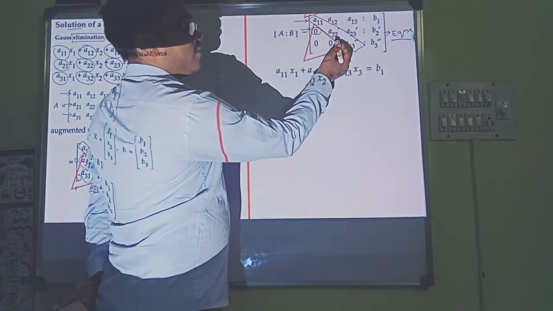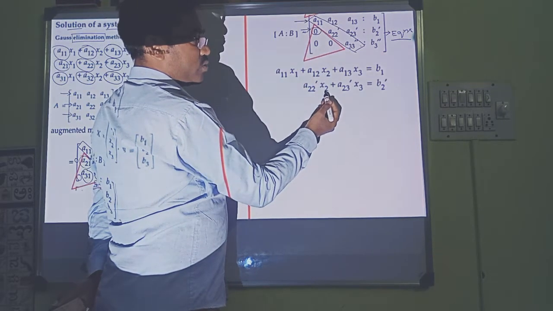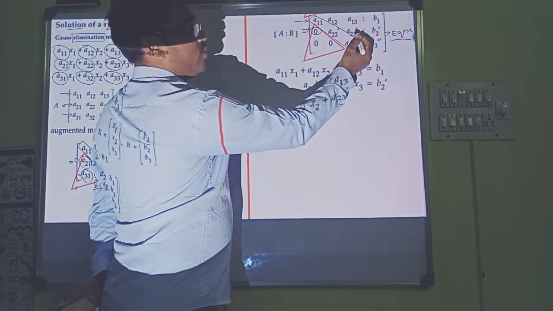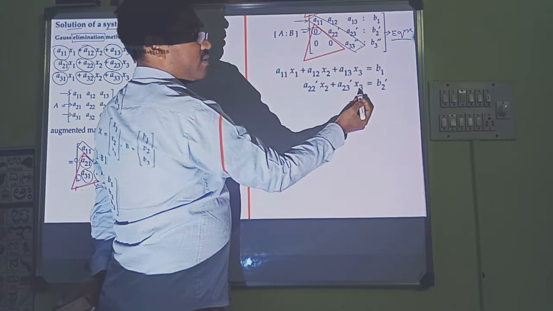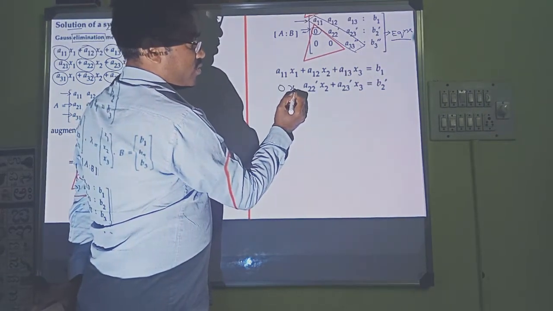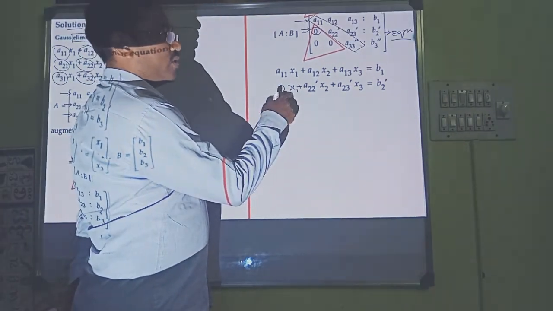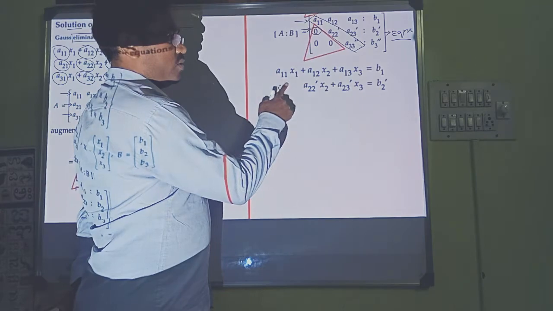What is the next term? a22 dash x2 plus a23 dash x3 is equal to b2 dash. We have not written this 0 into x1; no need to write because 0 into x1 is anyhow 0.